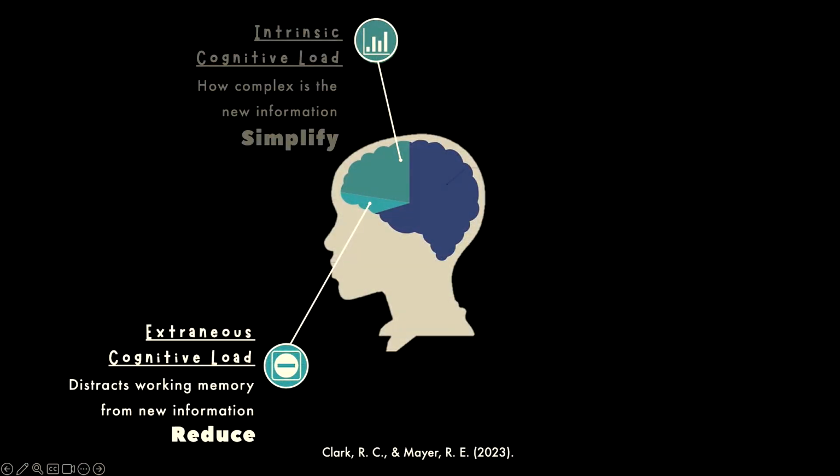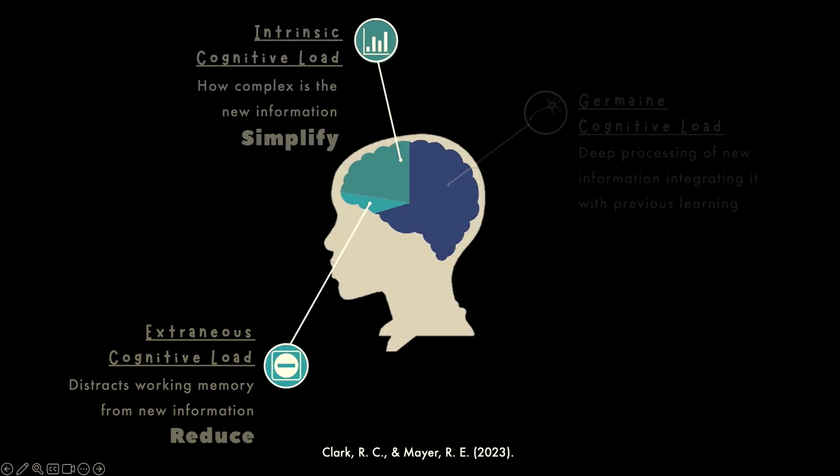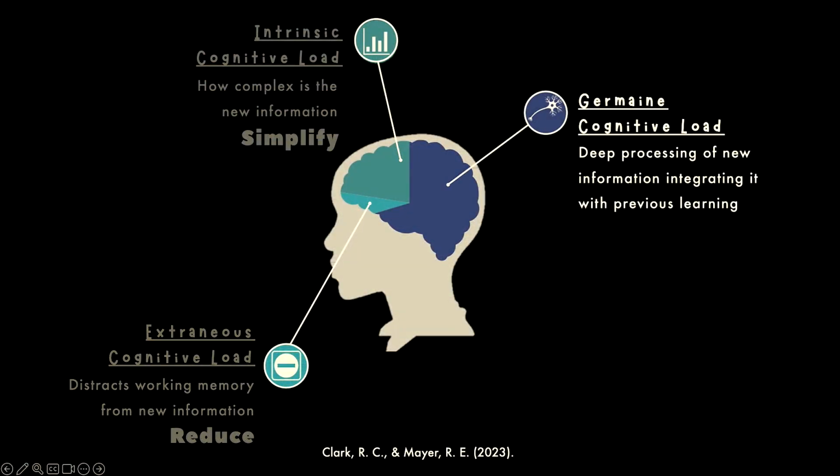And lastly, we are going to talk about germane cognitive load. Once you master the power of reducing the extraneous cognitive load and you have a balanced intrinsic cognitive load, you will probably have germane processing in your brain, which is the deep processing of new information, integrating it with previous learning.